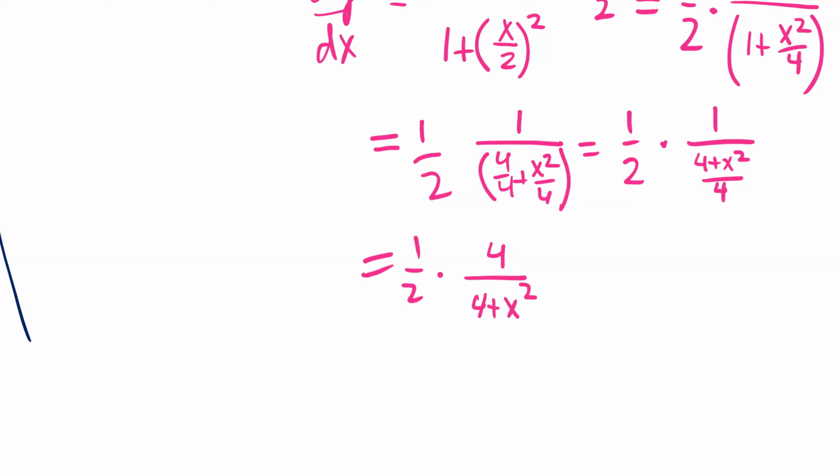But it's a fraction in a fraction. Yeah, I know. Imagine I'm dividing by 1/2. This is the same thing as saying 1 divided by 1/2, which is the same as saying 1 divided by 4 plus x squared over 4. So that's why I can multiply by the reciprocal.